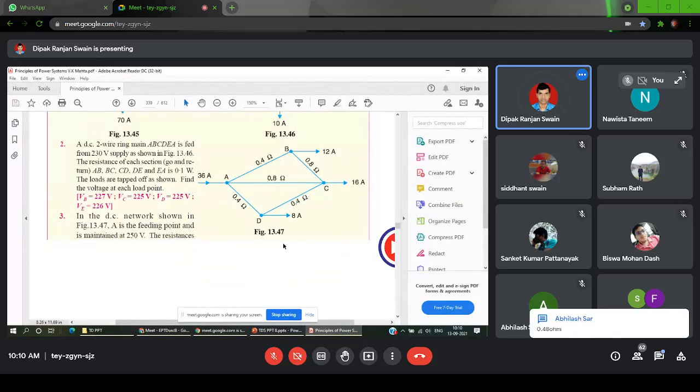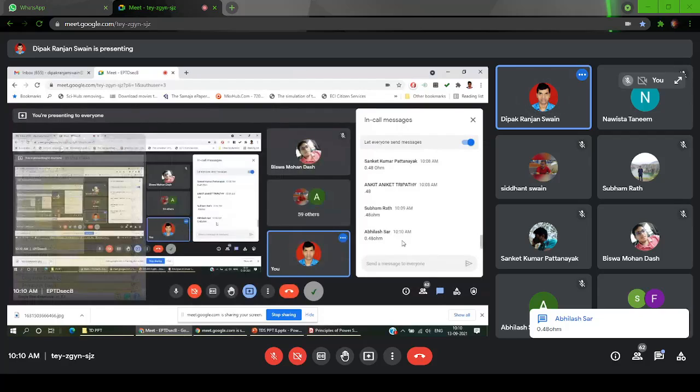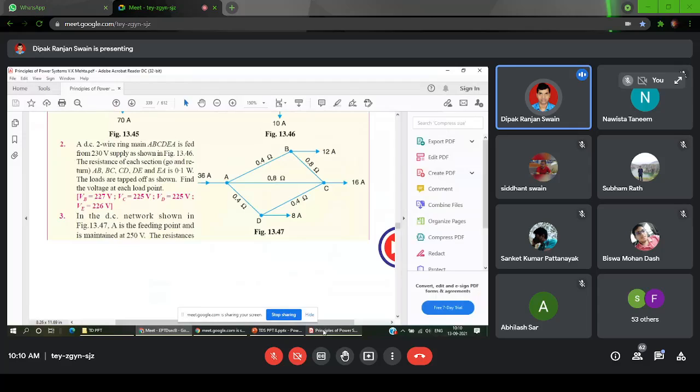What is R Thevenin? Okay. Correct, 0.48. Now, once you have Thevenin resistance and Thevenin voltage, draw the Thevenin equivalent circuit and connect the 0.8 ohm there. So Thevenin voltage was 11.52, resistance is 0.48, and reconnect that 0.8 ohm again.